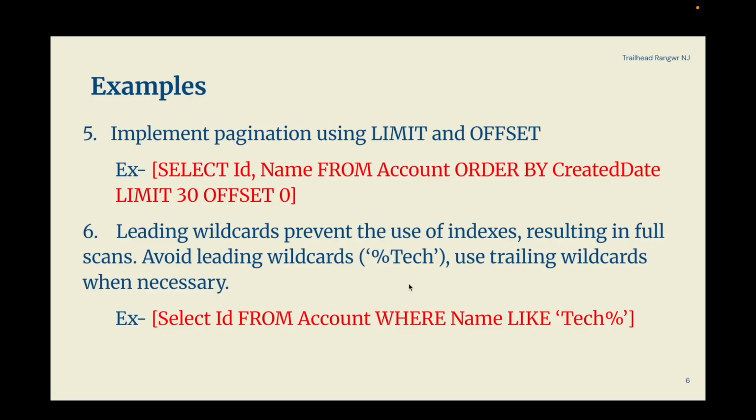By default it will be ascending, and you can write ASC or DESC to specify in what order you want it to be sorted. Then LIMIT is 30, that means we want only 30 records to be there. And OFFSET is 0, that is the pagination will start from 0. So that's how you can implement the pagination using SOQL.